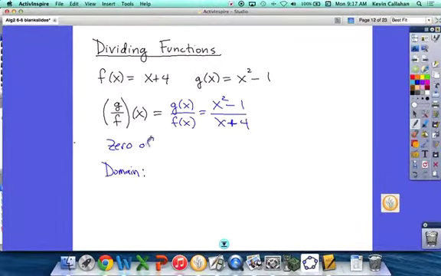Okay, zero of the denominator. This time I'm saying singular, because what is the one value of x which is going to make that denominator equal 0?